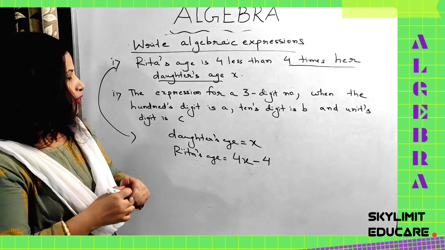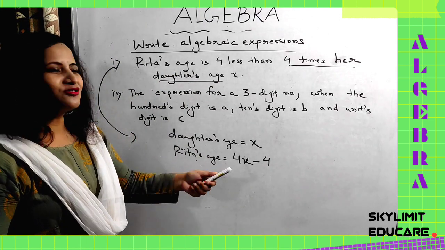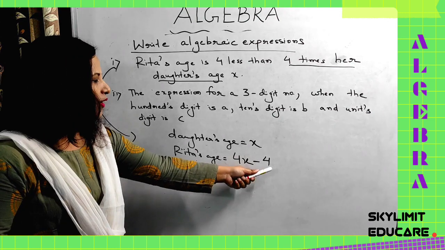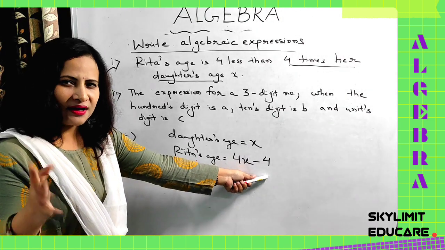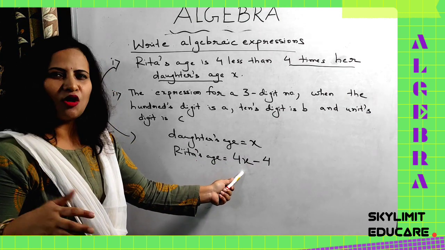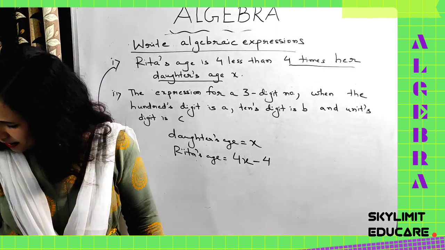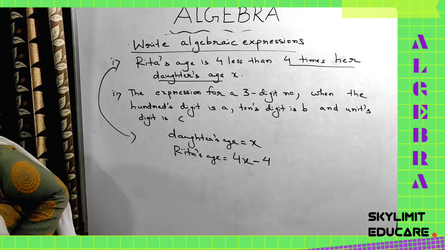So what is the expression you have got? Rita's age is 4X minus 4. It is 4 less than 4 times her daughter's age. So this way if you proceed, it will be easier for you all.